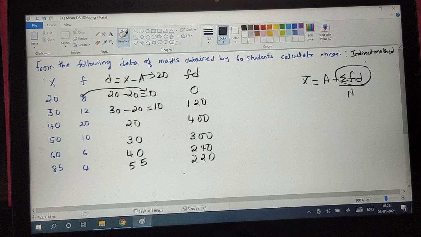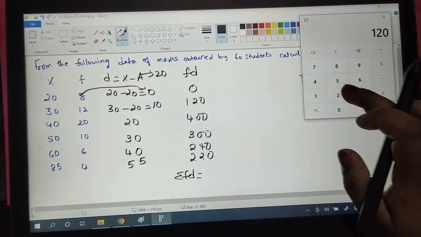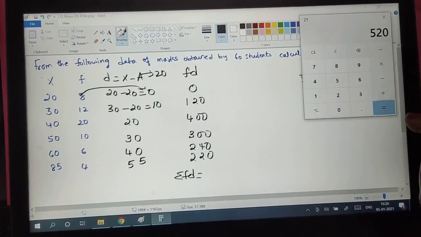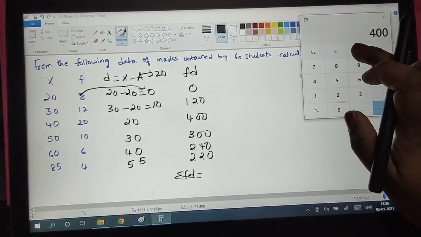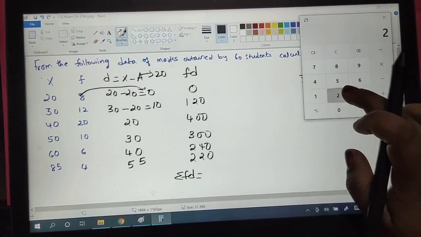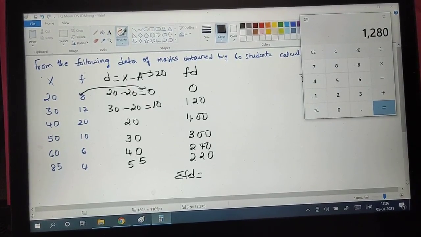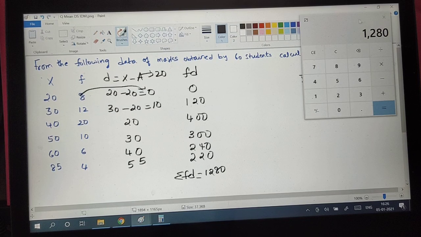Now let's make a total of sigma f into d. 120 plus 400 plus 300 plus 400, plus 240 plus 220, which is 1280.